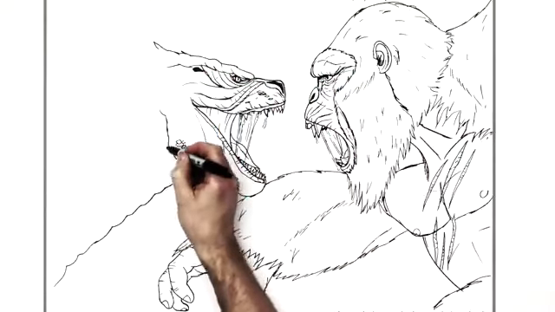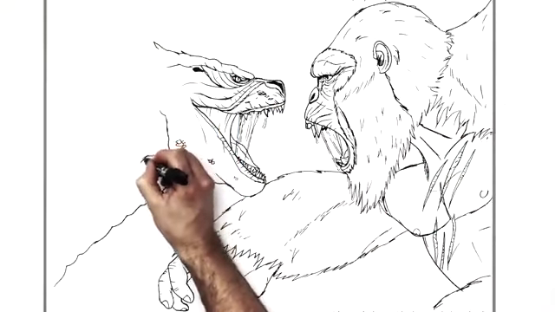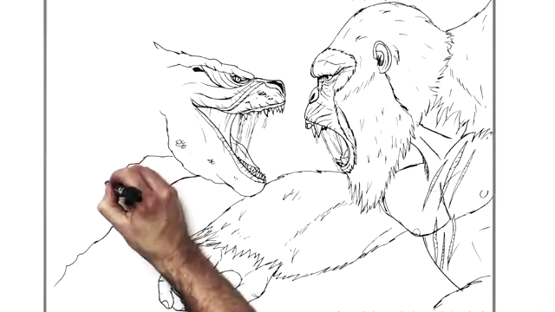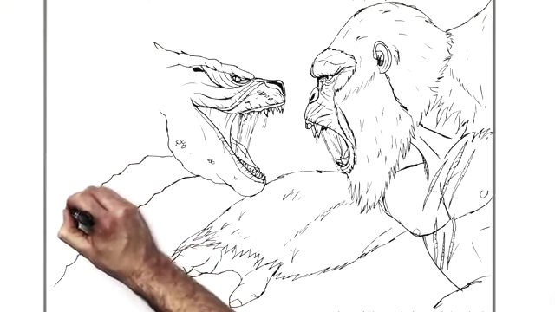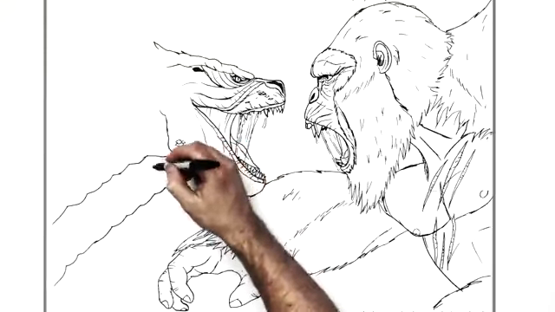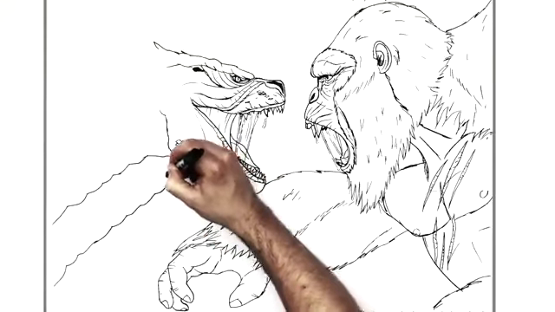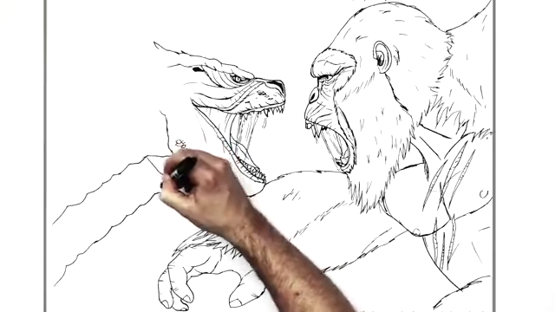So. Then we got the neck sort of area there. And this has all scales and stuff on it, right? So we'll go back like this.